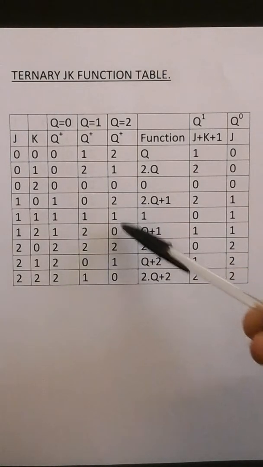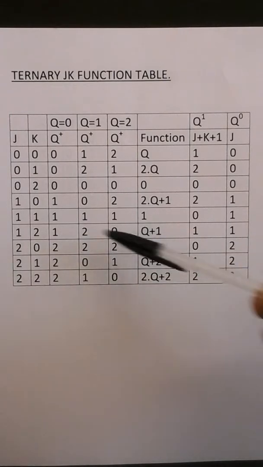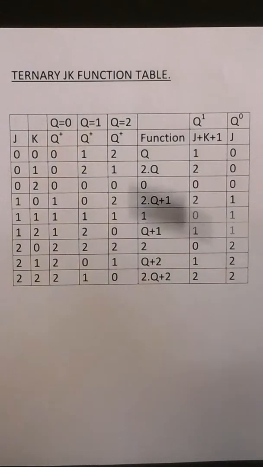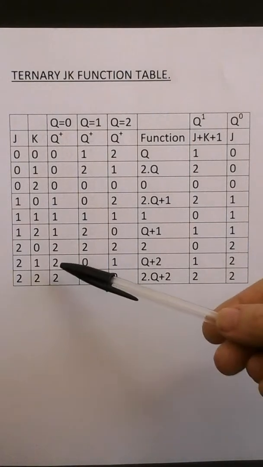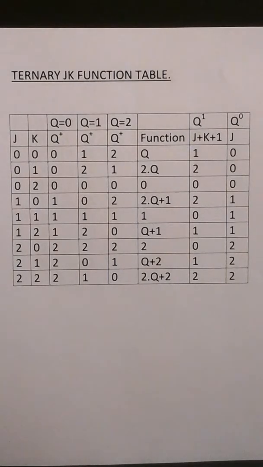Same here for 1s, same here for 2s. You have q plus 1 here and q plus 2 here. Q plus 1 is a successor function, which gives 1, 2, 0 in response to 0, 1, 2, and q plus 2 is the predecessor function, which gives 2, 0, 1 in response to 0, 1, 2.